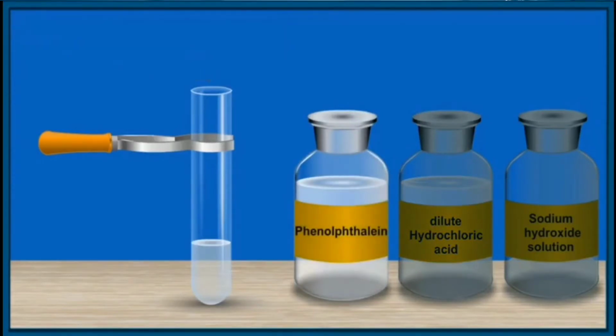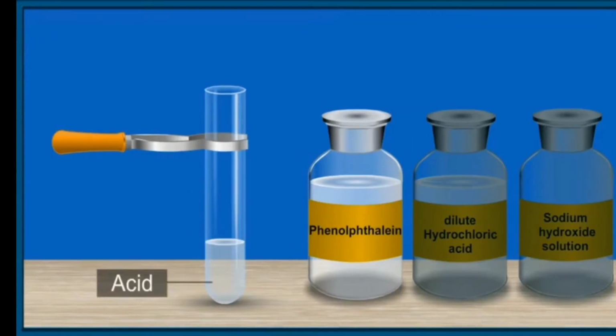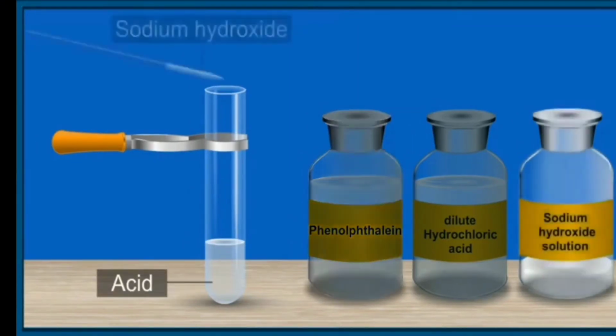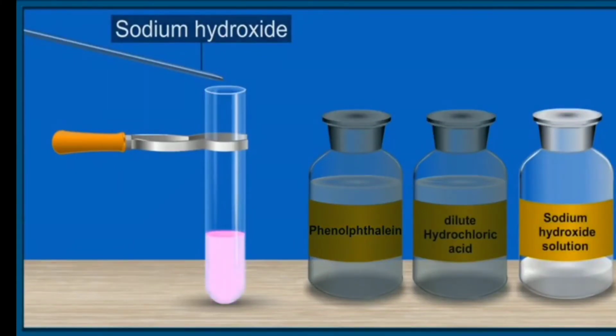Now what is phenolphthalein? It is an indicator, and we already know that when phenolphthalein is added to an acid, it doesn't give any change in color. So here we can see no color change, by which we can say that it is acid. Now we are going to add some amount of sodium hydroxide to this solution. You can see the color changed to pink or a slightly pinkish color.